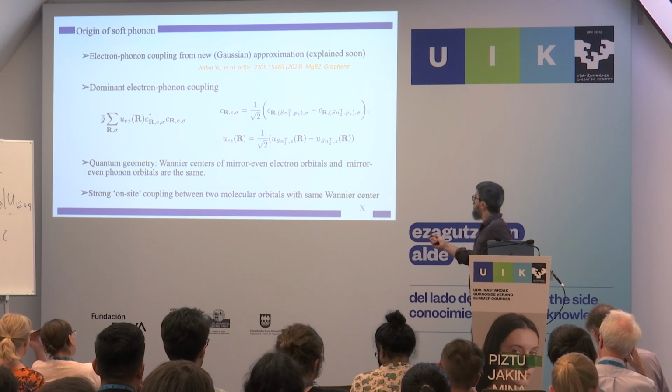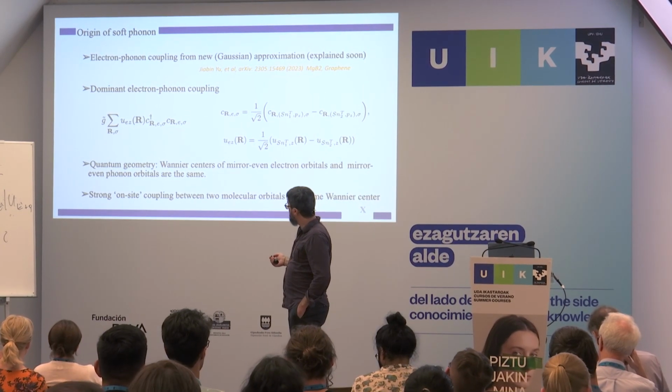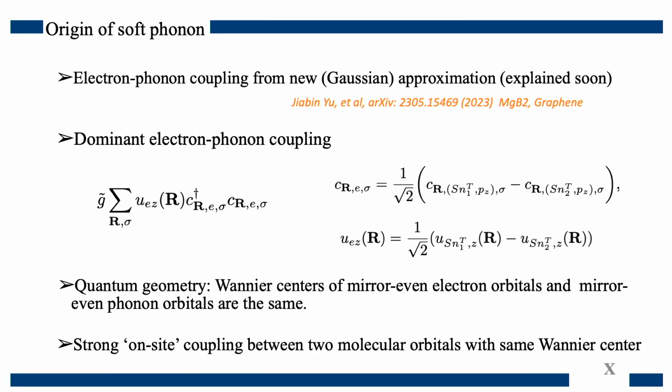Well, moral of the story is that what we did in this system is we know the phonon that goes negative, okay? And that's the tin phonon at momentum pi, and it is the even combination around some mirror symmetry plane. Now, we need to make an approximation for the electron-phonon coupling.